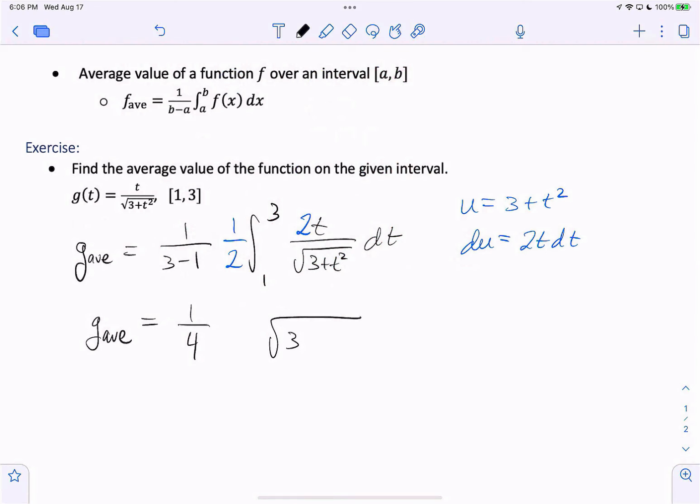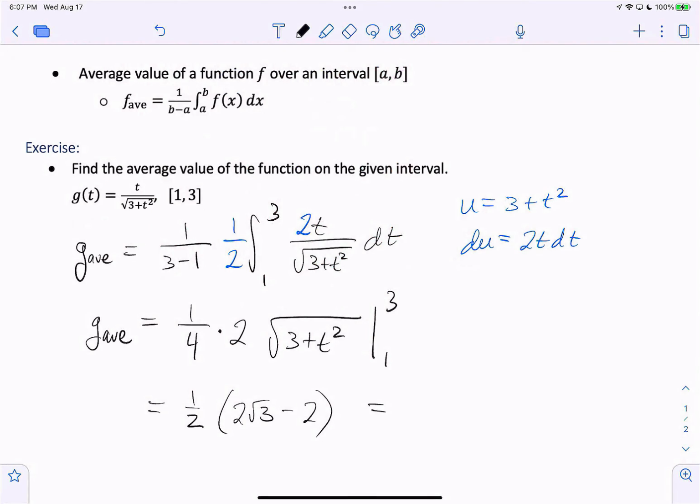So the square root of 3 plus t squared. And then divide by the new exponent of 1/2, which looks like multiplying by 2. We're going to evaluate that from 1 to 3. We end up with the result that the average value of this function over the interval from 1 to 3 is the square root of 3 minus 1.